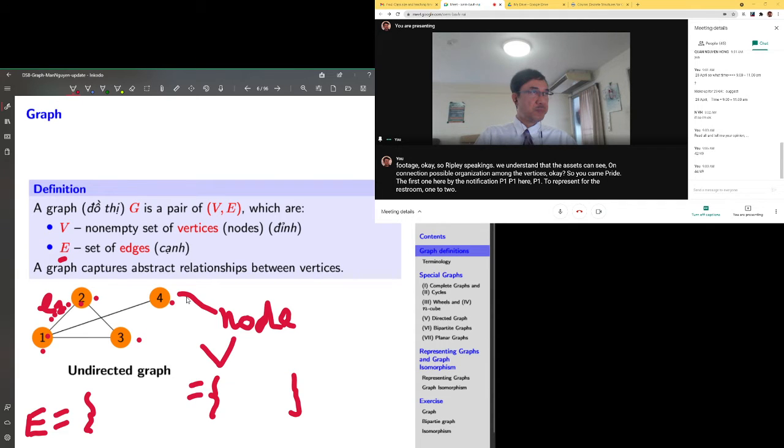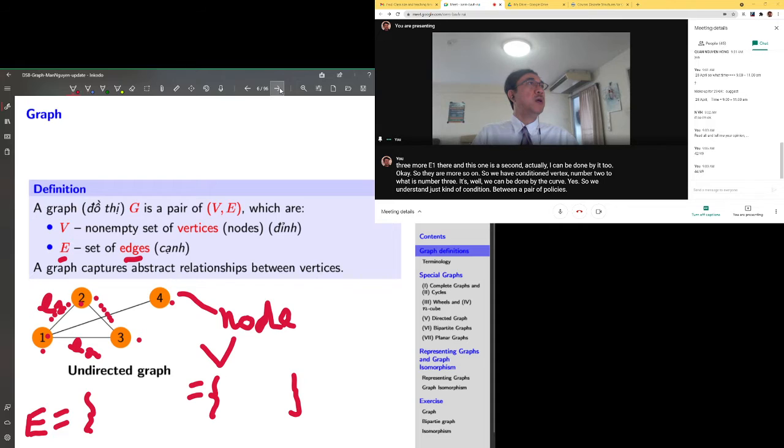There are 3 more. This one is the second edge, I can denote by E2. Also we have a connection from vertex 2 to vertex 3, which we denote by the third edge. So we understand an edge is just a kind of connection between a pair of vertices.